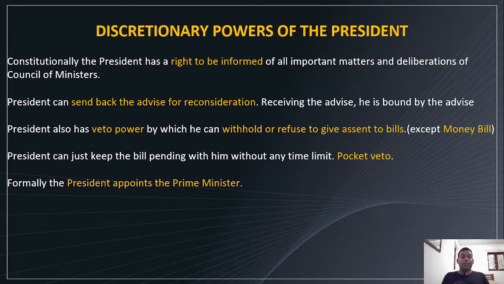So on receiving the advice again, he is bound by it. The president has to do it, but he can send a bill or other policies to the parliament for reconsideration. The president also has veto power, by which he can withhold or refuse to give assent to bills except a money bill. The president has to give assent to a money bill, but other bills can be sent for what?